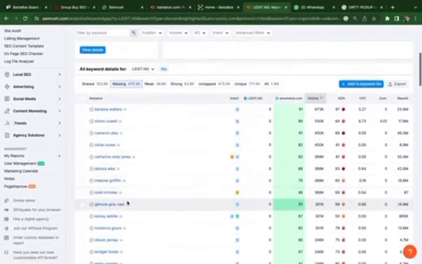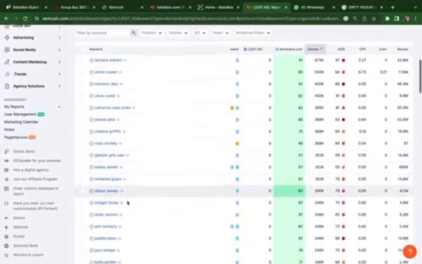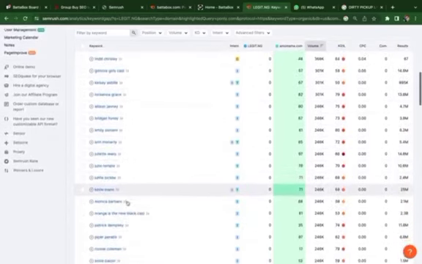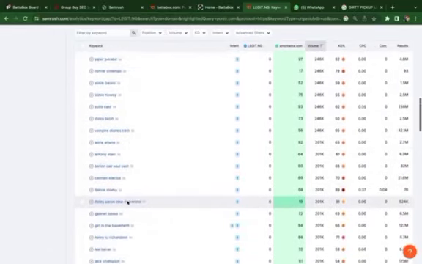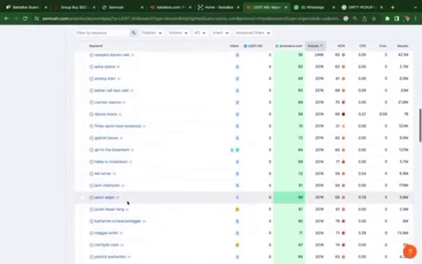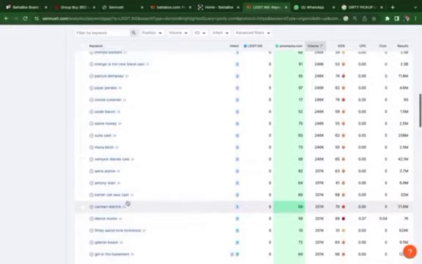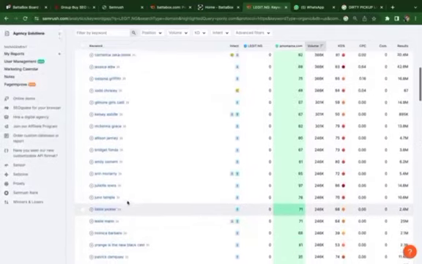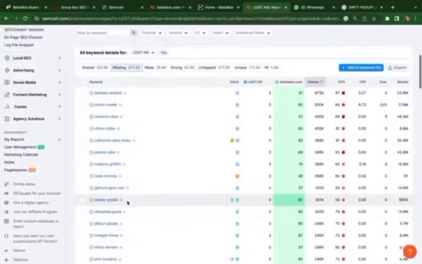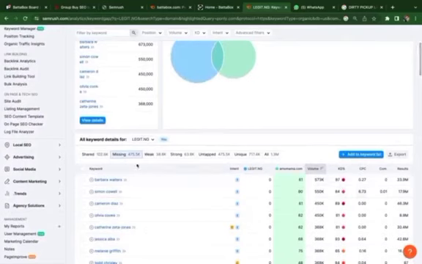Now you can see that amomama ranks for these keywords, but Legit does not rank for them. That's what the missing tab is for. It indicates the keywords that Amo Mama is ranking for, but Legit is missing. Probably Legit can leverage on that. I don't know, I can't advise them.